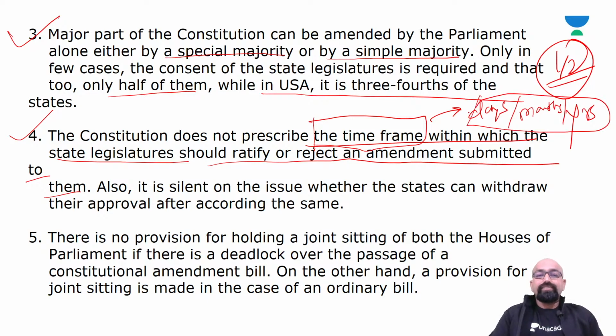It is also silent on whether the states can withdraw their approval after according the same. All right, now next.